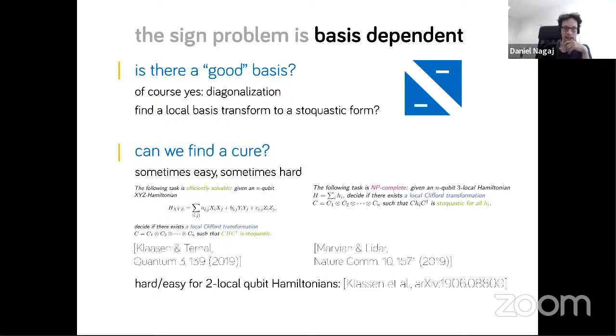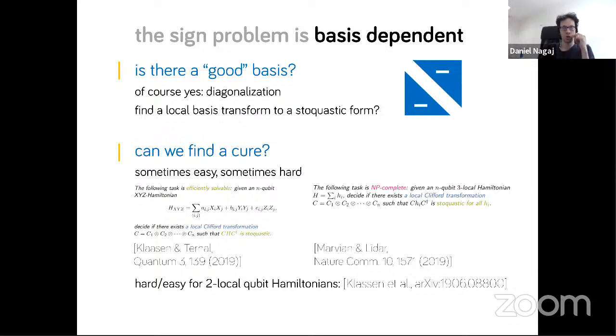A group of Barbara Terhal and her collaborators, and then people at the University of Southern California, have proven that sometimes finding a cure for the sign problem is easy, giving an algorithm, and they have proven that sometimes deciding whether you can cure the sign problem is difficult in itself. So even deciding whether you can cure it is a hard problem for certain classes of Hamiltonians.